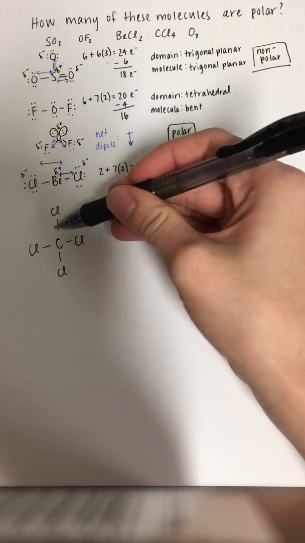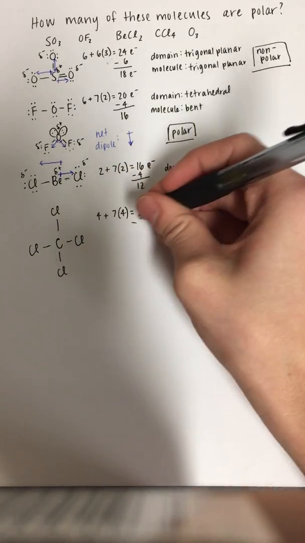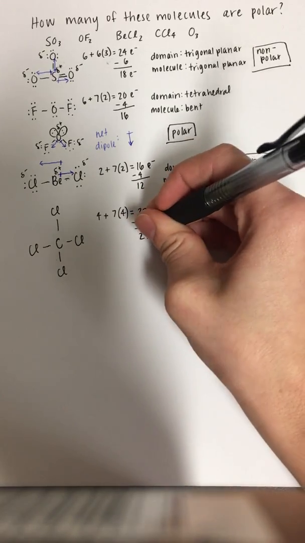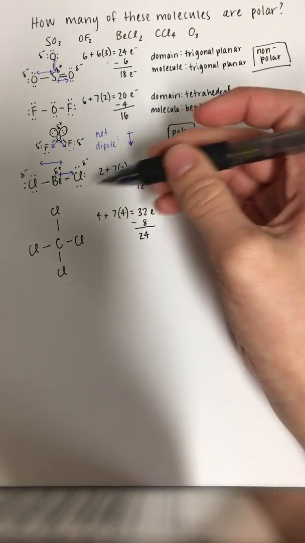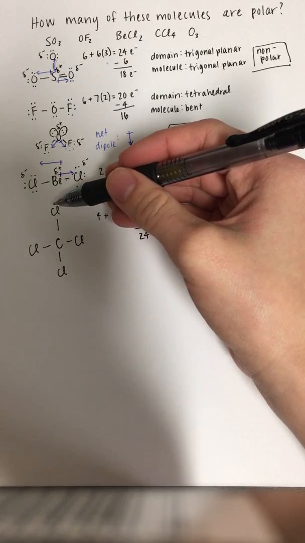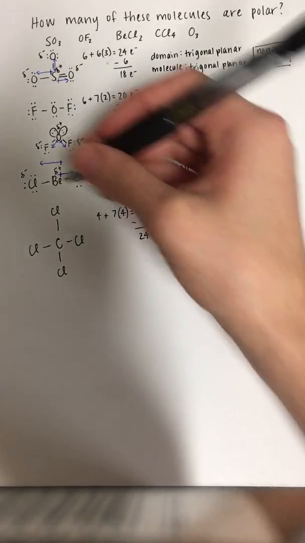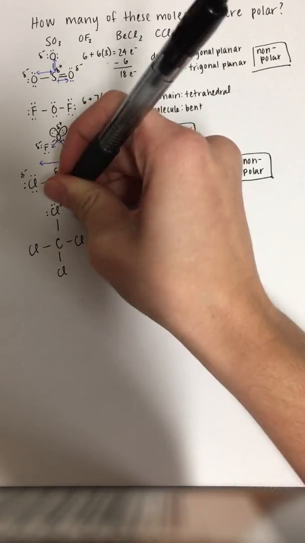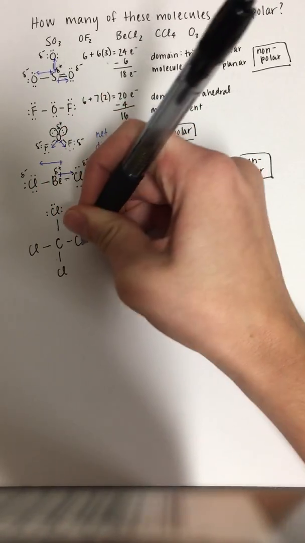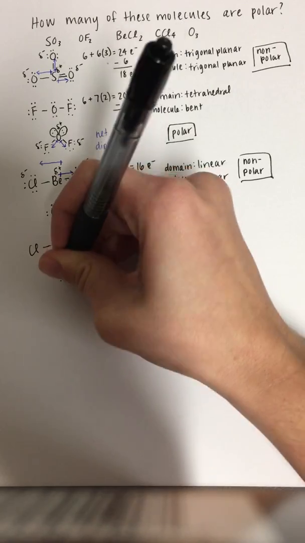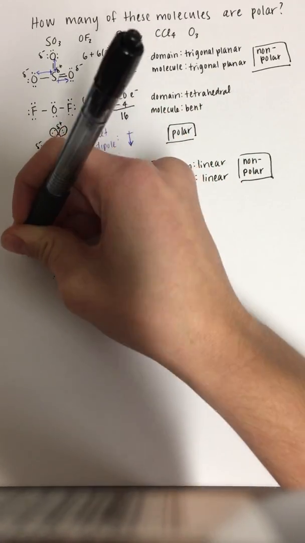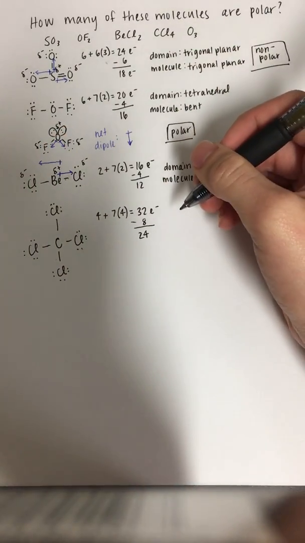We have 2, 4, 6, 8 already used, which is going to give us 24 electrons to put as non-bonding pairs on this Lewis structure. 2, 4, 6, 8, 10, 12, 14, 16, 18, 20, 22, 24.